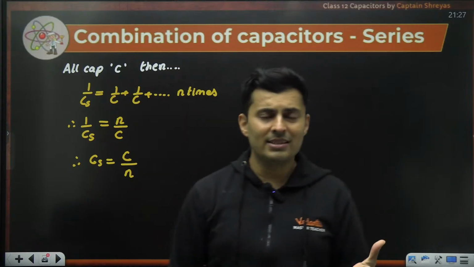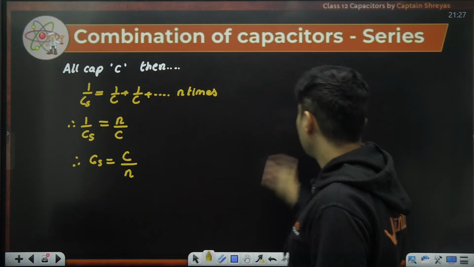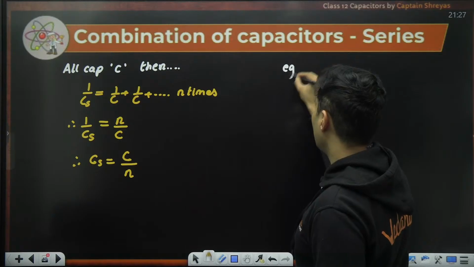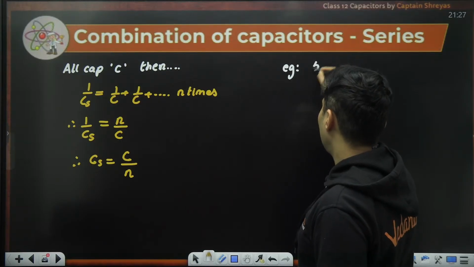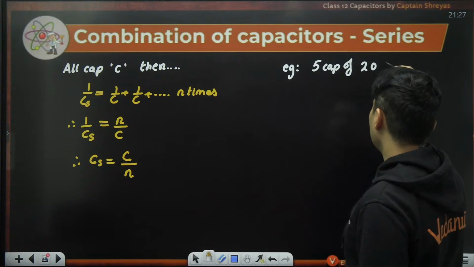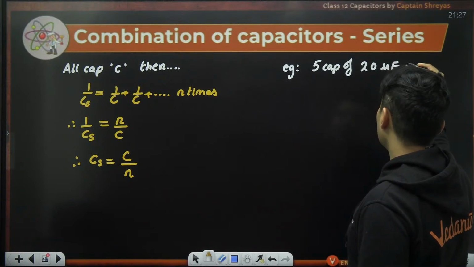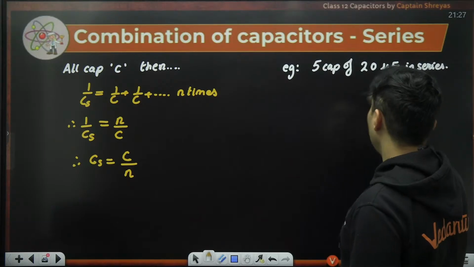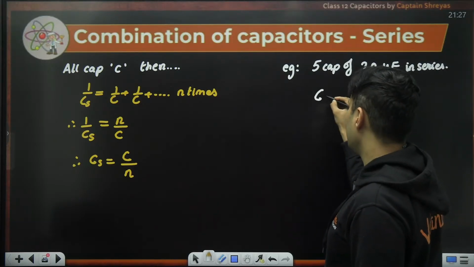So if I have 5 capacitors in series, for example, you have 5 capacitors of 20 microfarad in series, then what will be the net capacitance in series, guys?